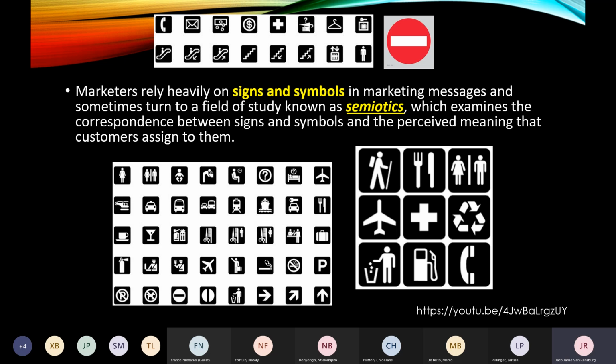So it is very important for marketers to use signs and symbols effectively in the message, and especially to bring the customer's attention to the message that they are trying to convey.